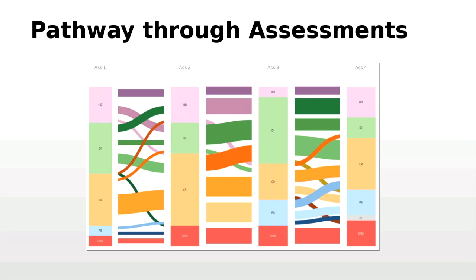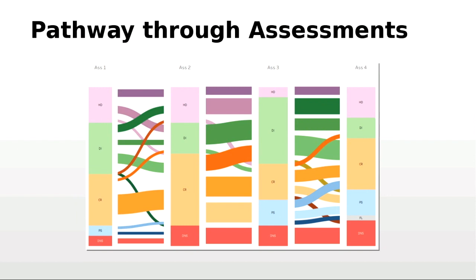So just as an example to point out, this Sankey diagram shows for each assessment the pathway of the students through their 4 assessments. From assessment 1, you can see the students who got distinctions, then got high distinctions and credits, and one, the red bar at the bottom, did not submit the second assessment.